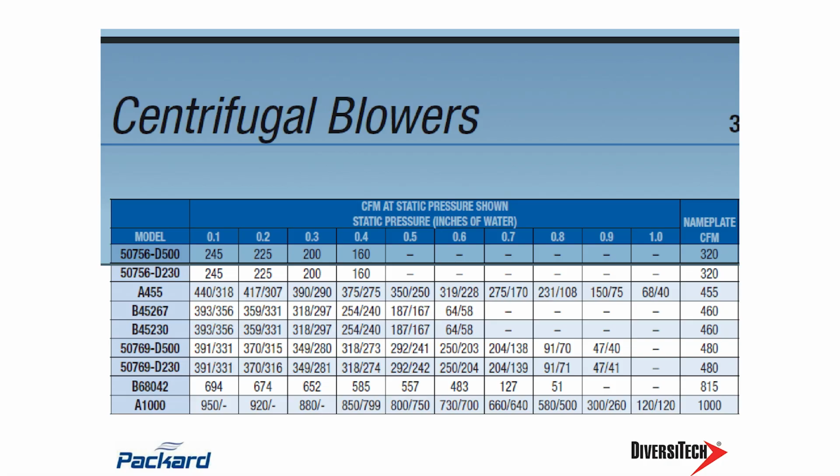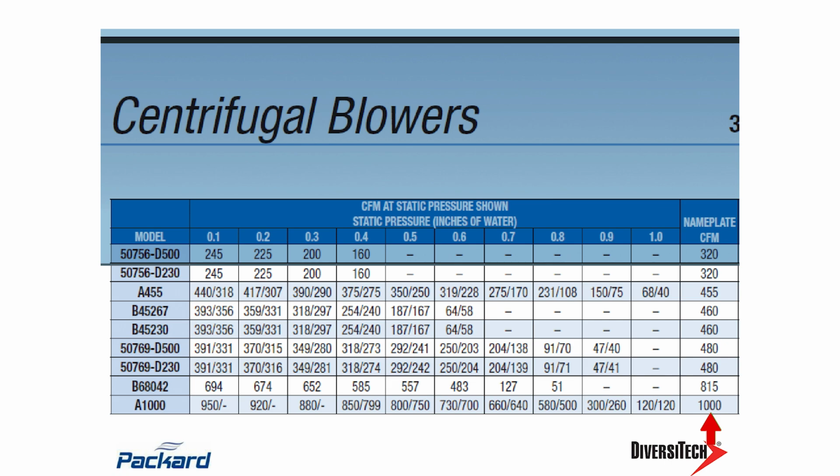But when we select those replacement wheels, we select them so they have the same physical characteristics as the blower that was in there. And then when we put that in the housing of that blower, we expect that it's going to be similar in performance. Now, if we look at this chart, and if we look at this blower, the very bottom row, and look all the way at the right, in this catalog, we identified that blower as 1,000 CFM.